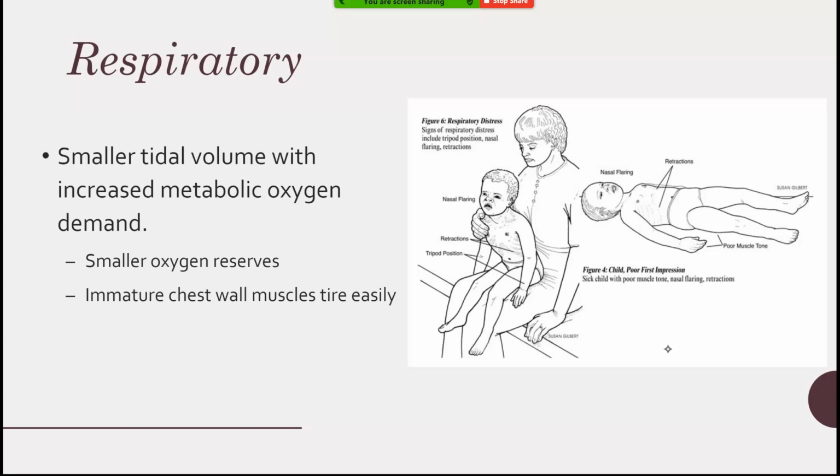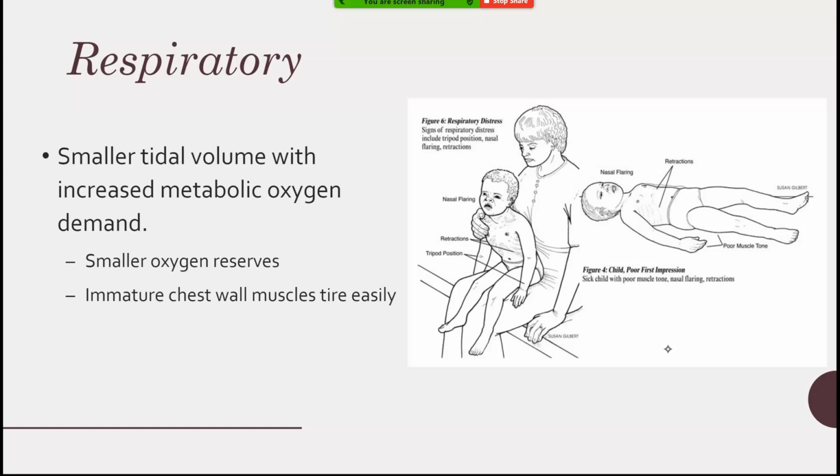If you remember the way that the pediatric mannequins have the little teeny tiny lungs, I want you to think of that when you're thinking of how well they are able to breathe. They have little teeny tiny lungs. Okay, so if anything interferes with their ability to breathe, it's going to impact them a lot harder and a lot faster than an adult, right?